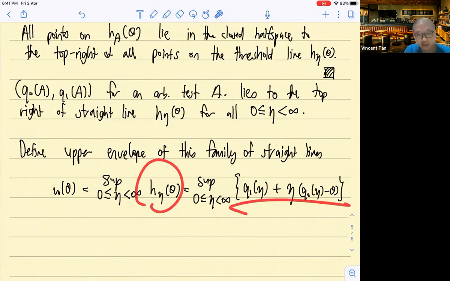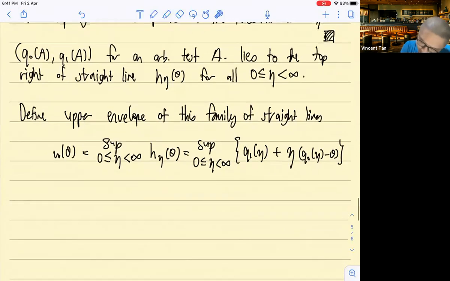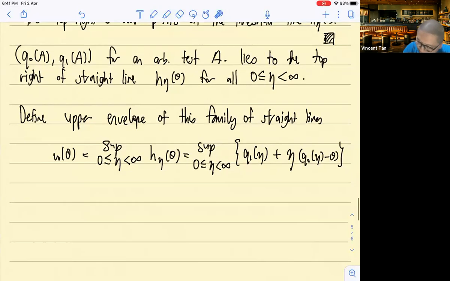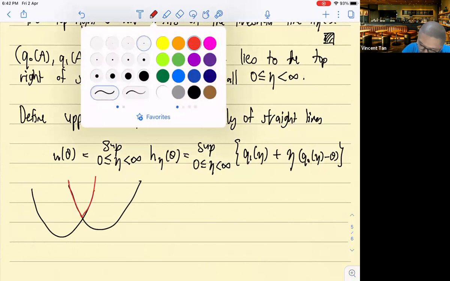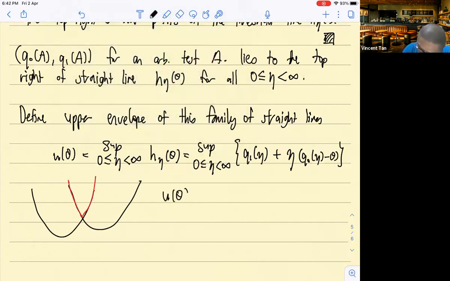Now if you have a supremum of a bunch of convex functions, all of these are convex, at least the way I've drawn it. And if I take the supremum at every point, I get this, which is still convex. So that's the way I remember. And indeed, u of theta is convex.